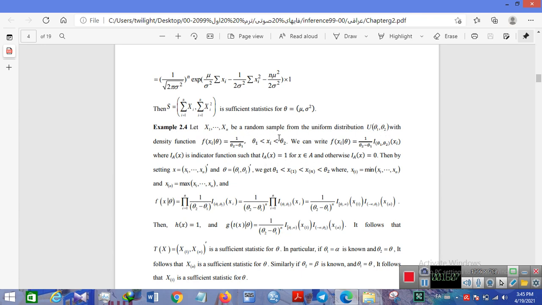This is the density of the uniform distribution, and we can write the density function as this one by using the indicator function I_A(x). I_A(x) is by definition equal to 1 if x belongs to A, and otherwise the value of I_A(x) equals 0.